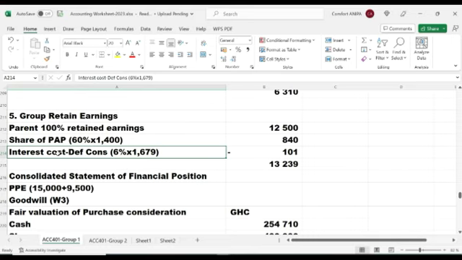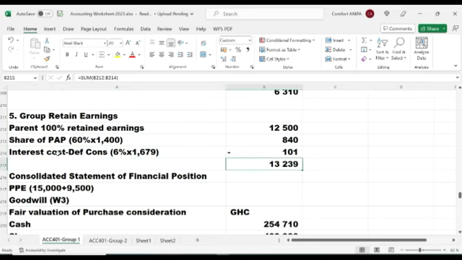So you unwind the interest for 1 year and deduct it. It's a charge. When we say debit to profit or loss, it means you debit it to group retained earning. And so once you do that, you have your group retained earning for consolidated statement of financial position.